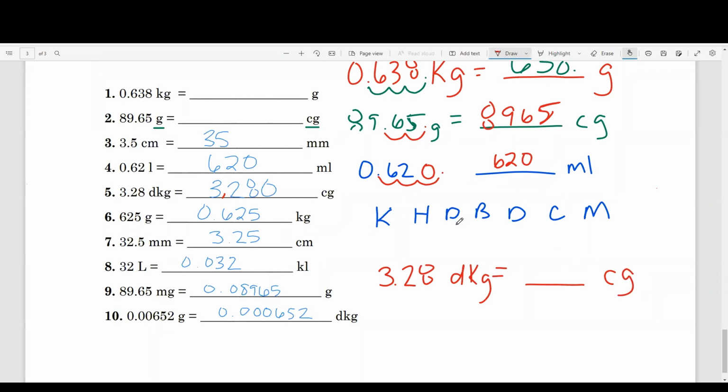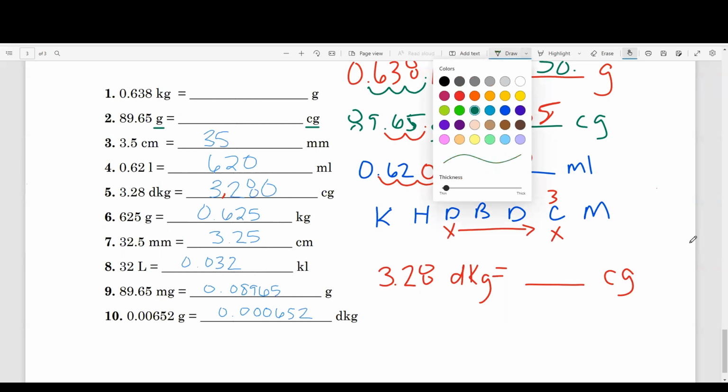Remember, deca is this first D from the left. I think a lot of people get the 2 D's confused, but the first one is deca. So that is our starting point, and then our ending point is centi. If we indicate direction, we move to the right. And then how many spaces did we go? 1, 2, 3 spaces to the right.